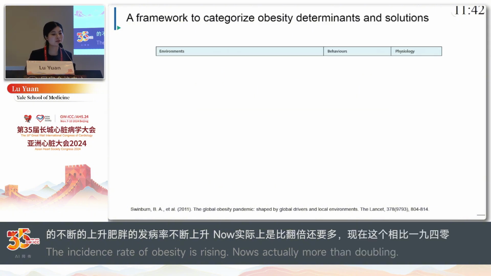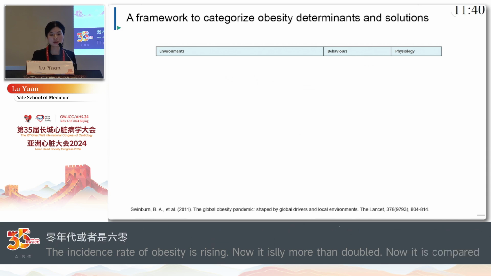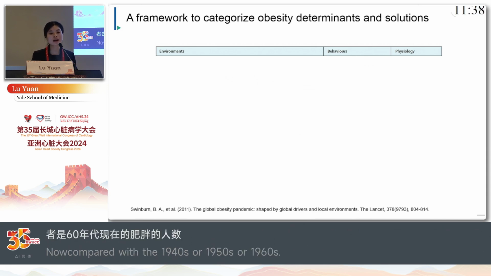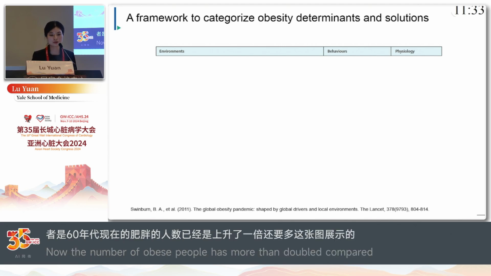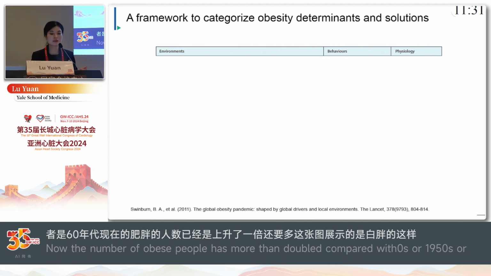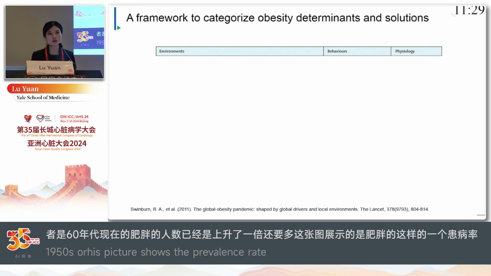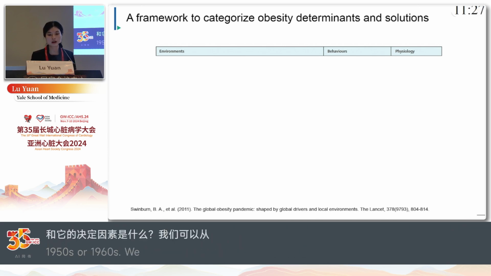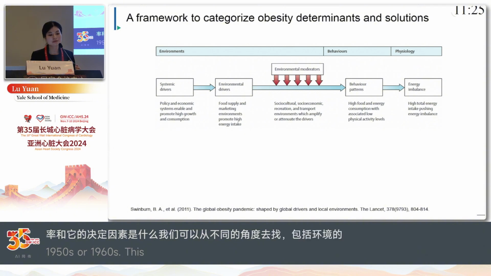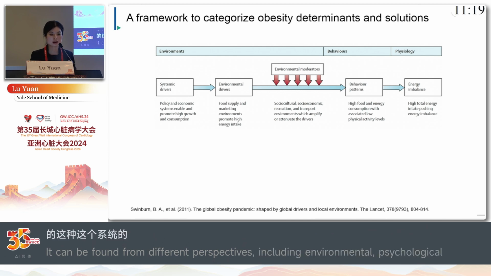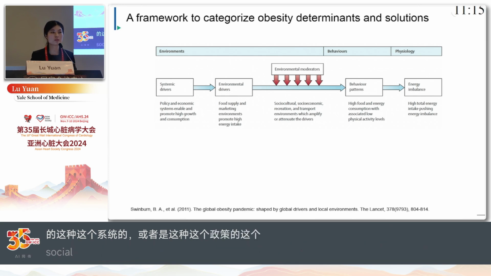So just to put them in a framework, at the population level, this is a framework to summarize the obesity prevalence, the obesity determinants and solutions. The determinants may be from different domains: environmental, behavioral, and physiological. There are systematic drivers. Policy and economic systems enable promoting high growth and consumption. Environmental factors, the food supply and marketing environment will also promote high energy intake.